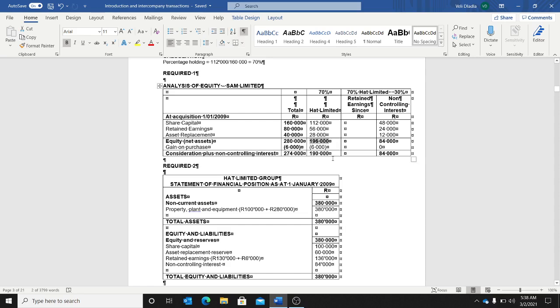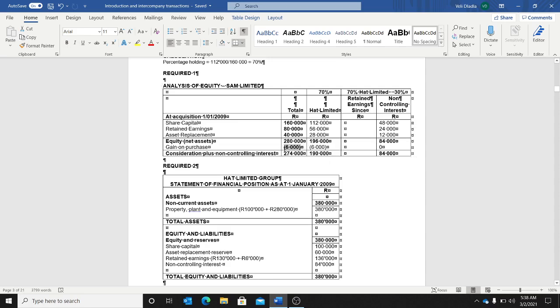So you see, it says -6. This is what we call a gain on purchase. We've paid 190 for something that is 196. So the difference, which is 6, is what we call a gain on purchase.